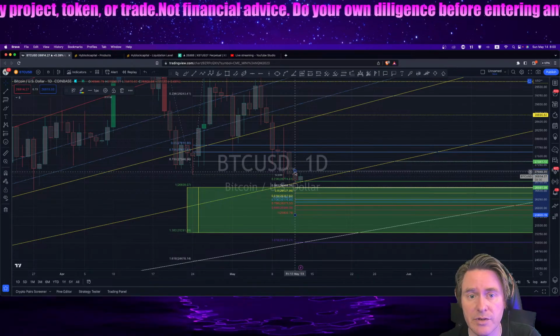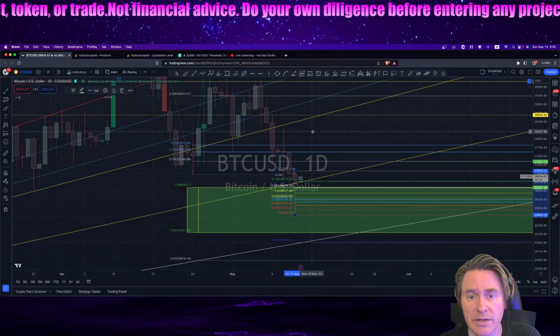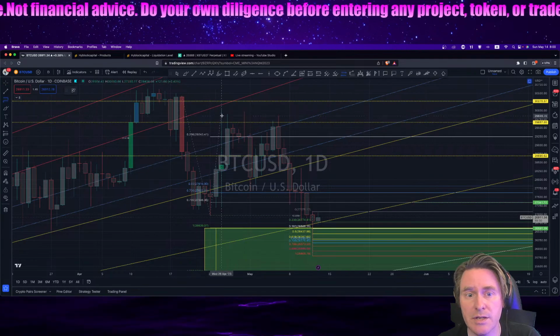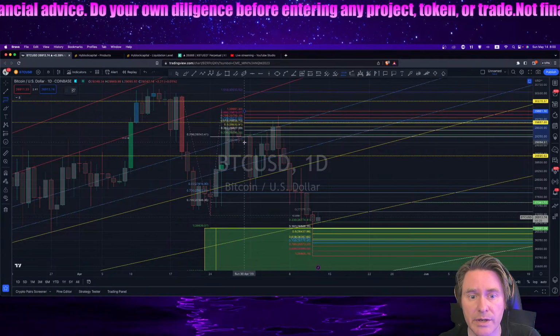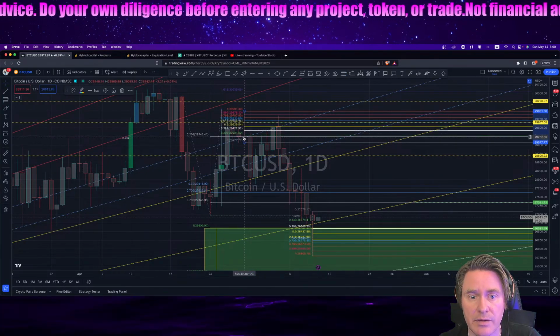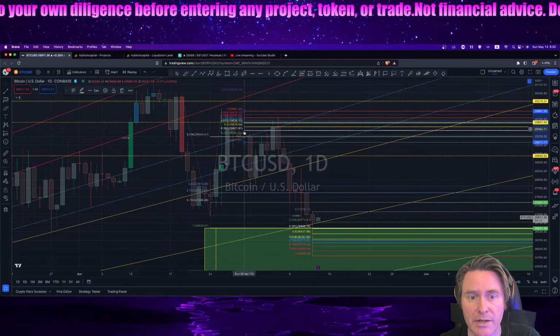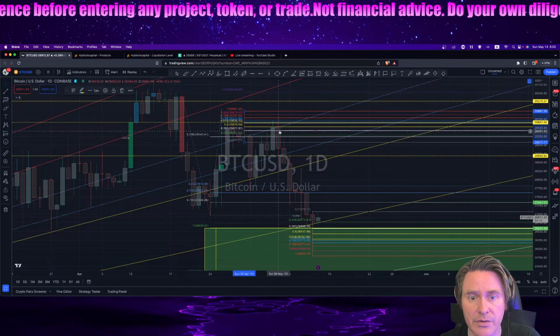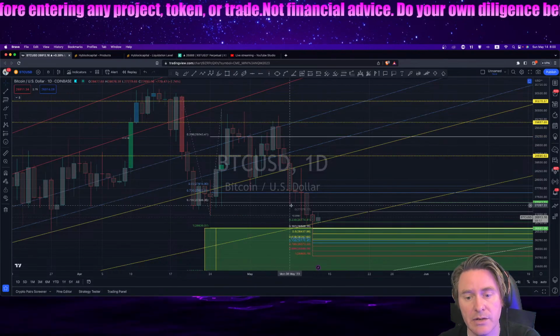Conversely, if you're looking for a shooting star type one, like back here, you could do the same thing. You go from wick to wick, and even though that was a small body, it was not neutral because it fell beneath the 0.382. So that did imply downside.